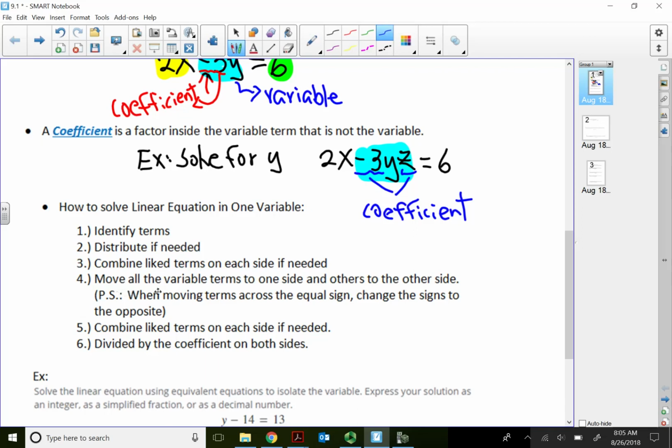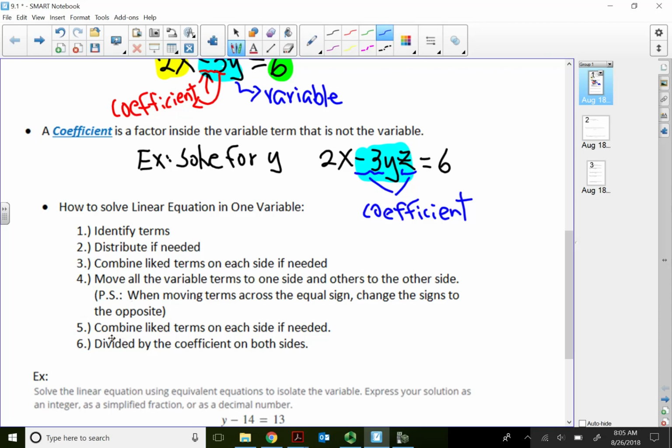We will move all the variable terms to one side of the equal sign and move the other terms to the other side. It's just that when we move terms across the equal sign, we've got to change the signs to the opposite one.